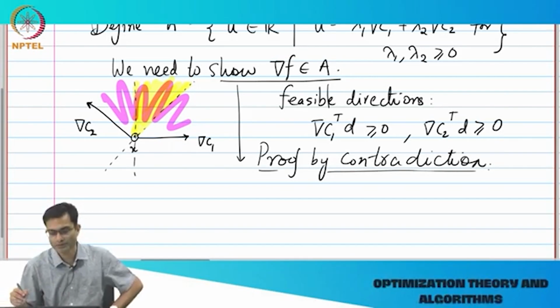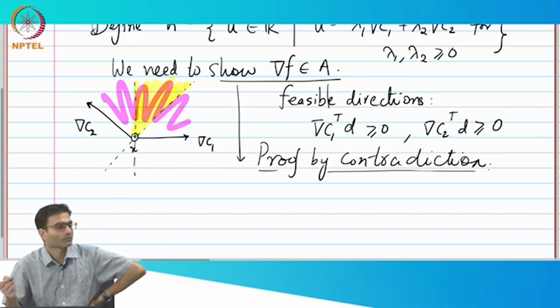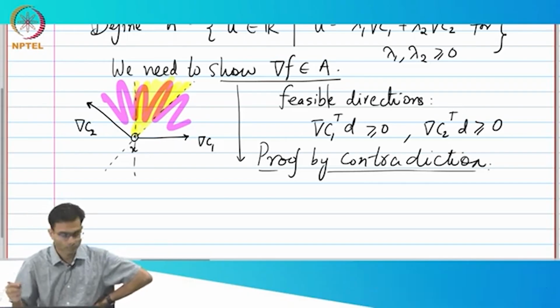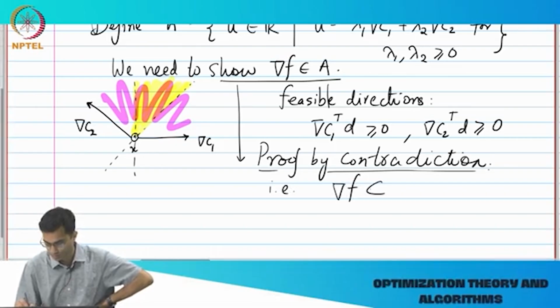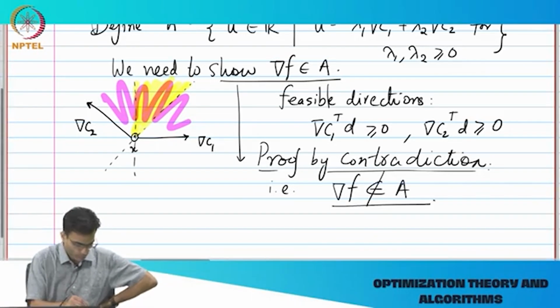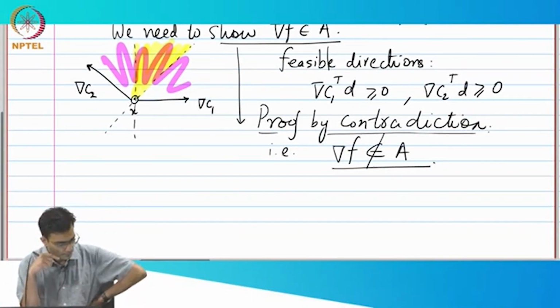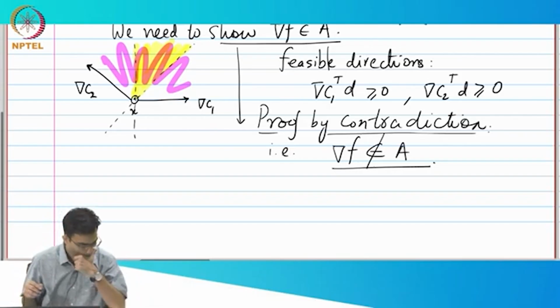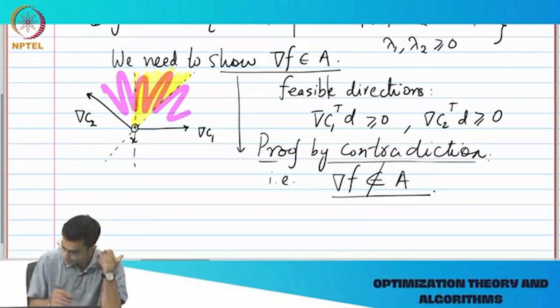Proof by contradiction means I will assume that grad f is not in this cone. So I need to prove this.